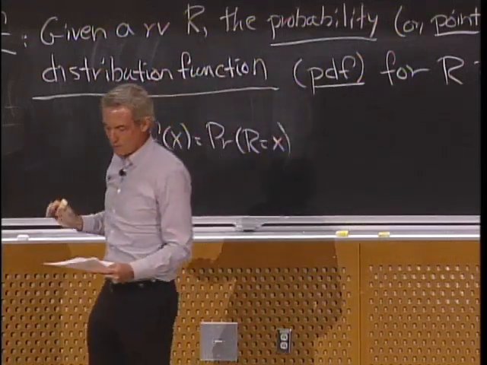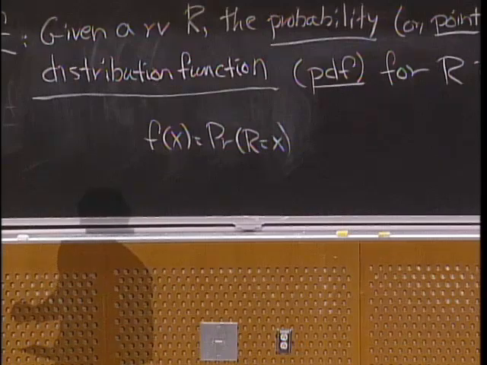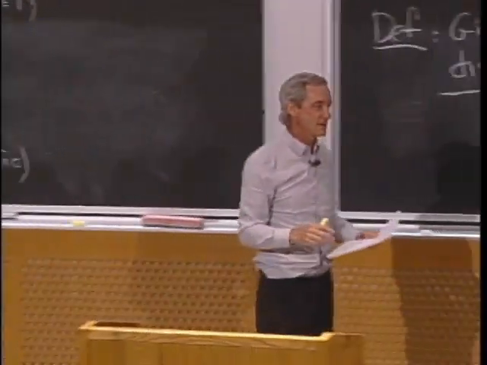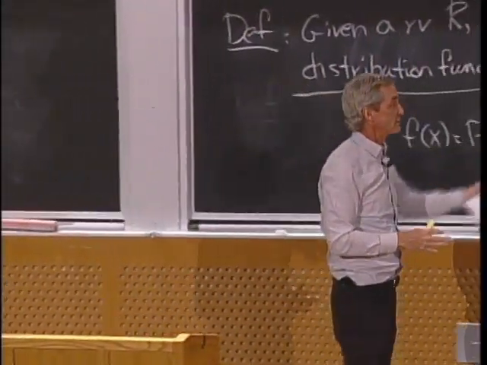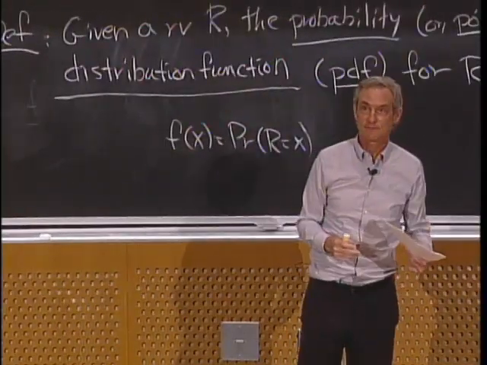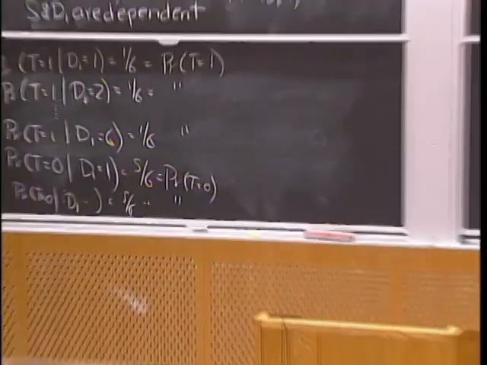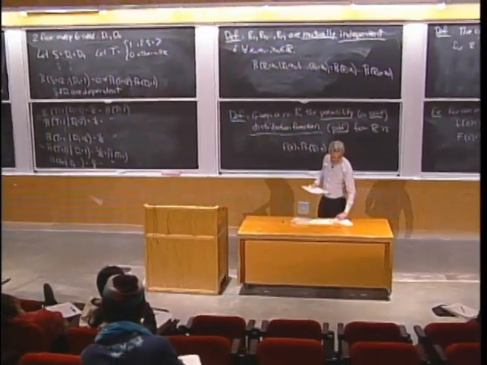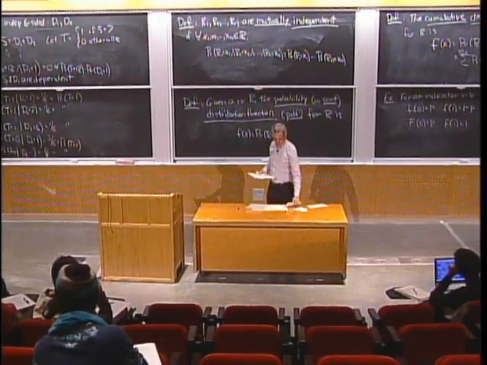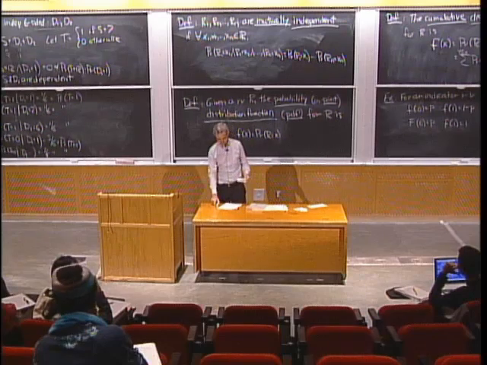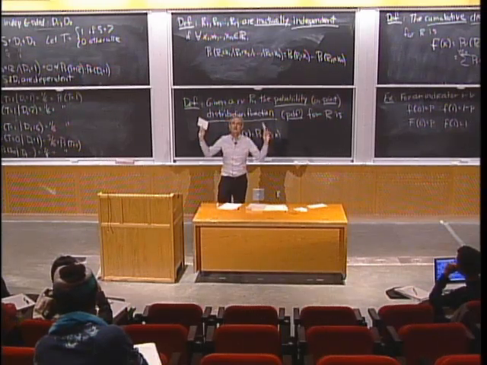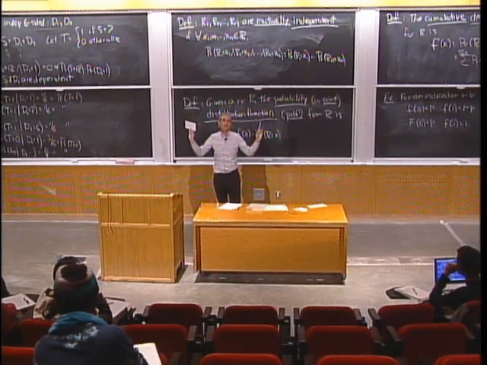OK, so while we're talking about uniform, I want to play a game whose optimal strategy is going to turn out to be related to uniform distributions. OK? Now, the game works as follows. I'm going to have 2 envelopes here. And inside each envelope, I've written a number.